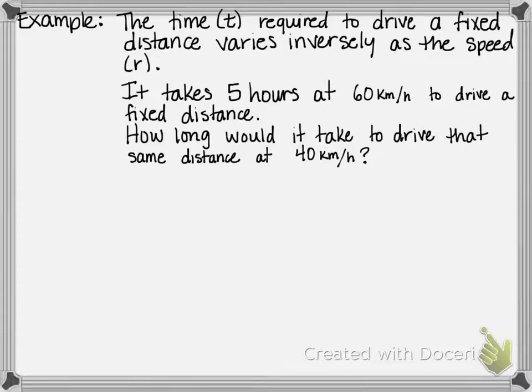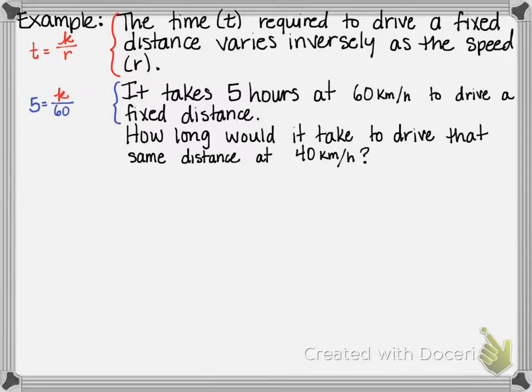The question isn't just find the constant and write the equation. You're going to have to do both of those things, and then use that equation to answer this question. First of all, since it says it varies inversely, we know it's going to be t equals k over r.